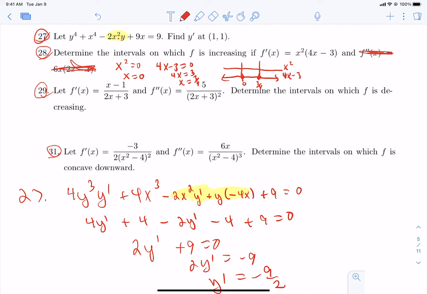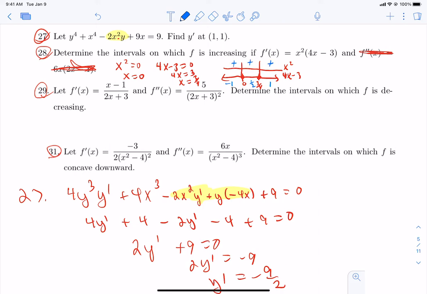Then we're going to have test points. So let's go -1, 1/2, and 1. Anything that is in the interval before 0, between 0 and 3/4, and after 3/4. So we get, for x squared, we always get positives.